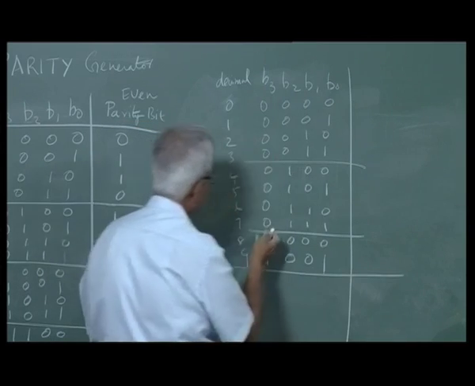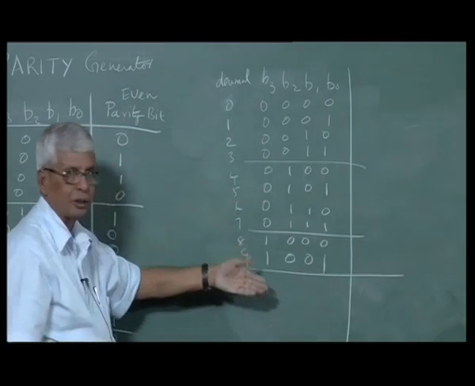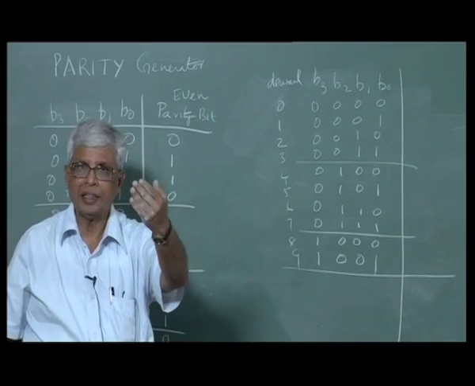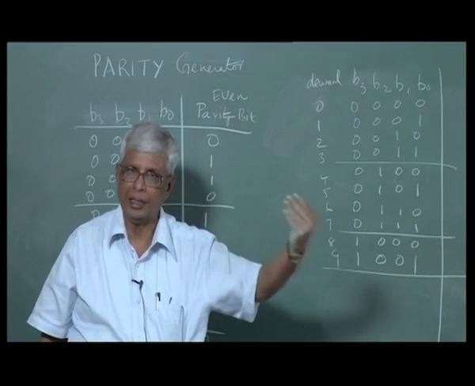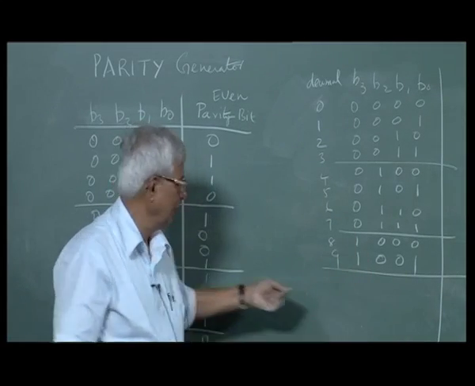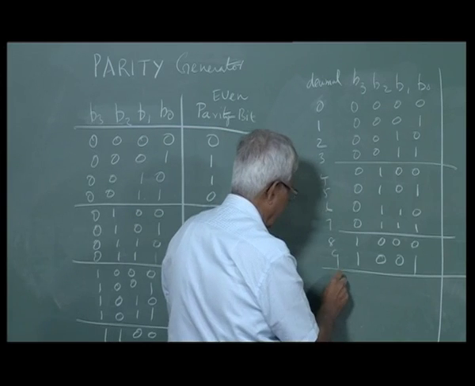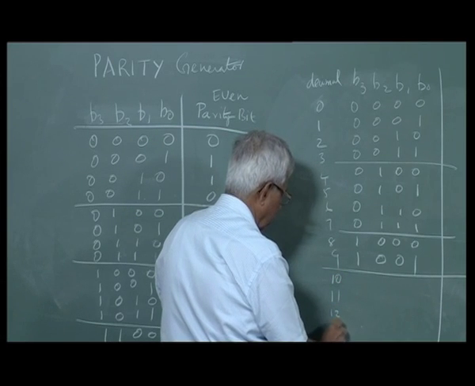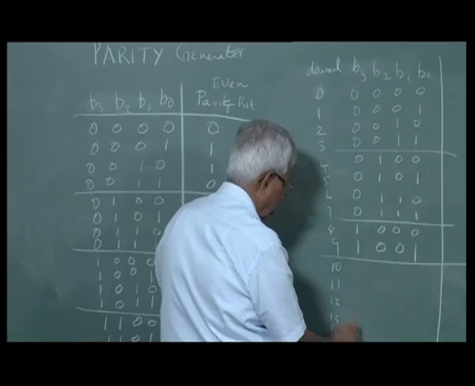10 to rest of the 6 combinations. With 4 bits I can have 16 combinations. I have used only 10 of them, 0 to 9. Rest of the combinations 10, 11, 12, 13, 14, 15 are not going to be used.